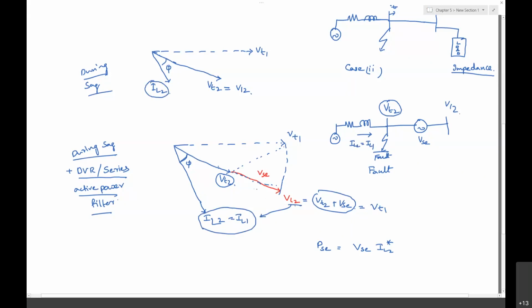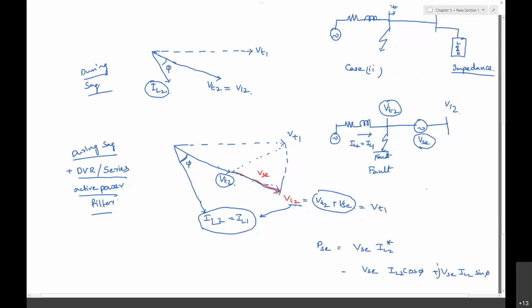The point which I highlighted is that the series active power filter is injecting VSE1 into IL times cos phi, that is, VSE times IL2 times cos phi plus VSE times IL2 times sin phi. See, the series active power filter is very well injecting the voltage.